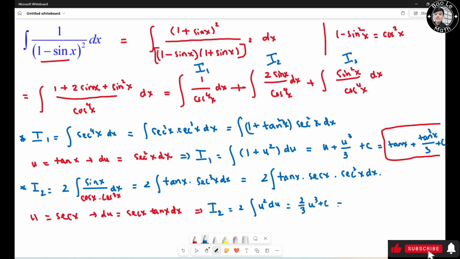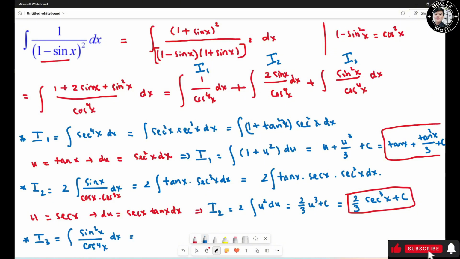Then you substitute secant s for u, so it could be 2 over 3 secant cubed s plus c. This is the answer for the second one. Now the last one, I3.